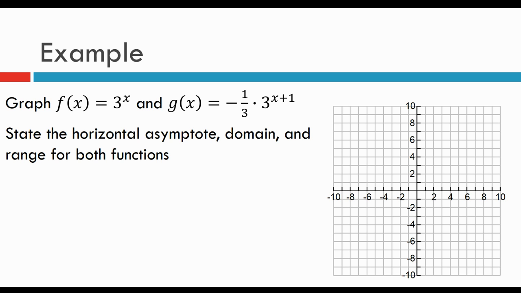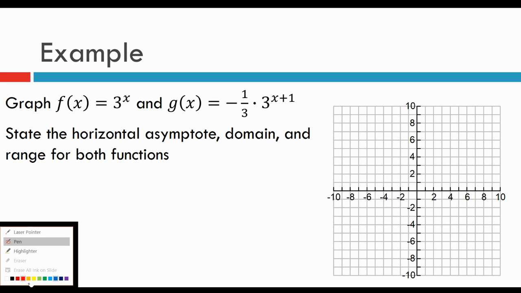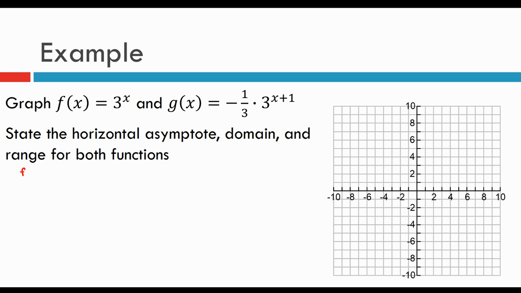All right, so let's do another one. We've got f of x equals 3 to the power of x. So notice how that one is just like what we did in the last example. So we can start there again.